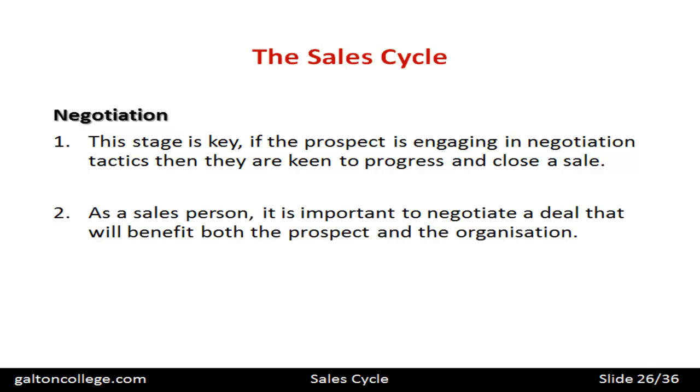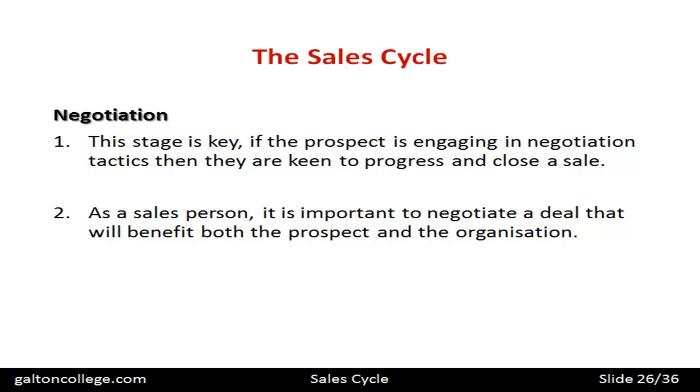As a salesperson, it's important to negotiate a deal that will benefit both the prospect and the organization. So the salesperson will want to make the sale. So the salesperson should have some latitude about the terms and conditions and the price and so on, so that they're able to negotiate.